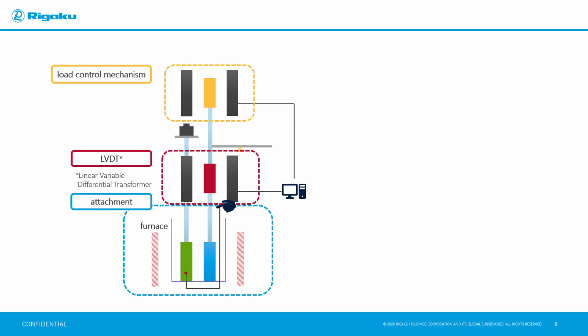The sample is in contact with the core of the differential transformer via a detection rod. Furthermore, this core is connected to the load control mechanism. Because the sample, differential transformer core, and the load control mechanism are arranged in a straight line, the TMA is designed to apply a constant load to the sample.